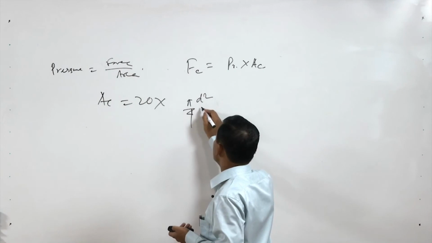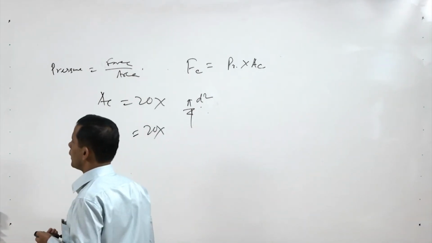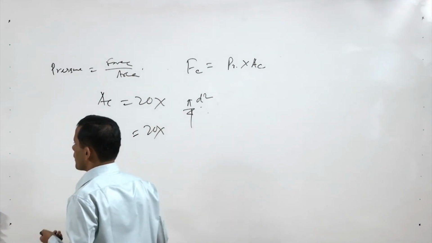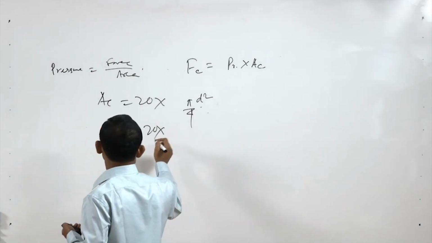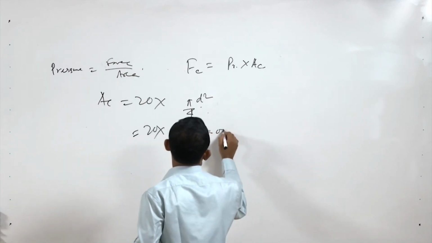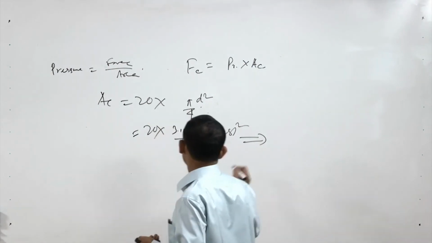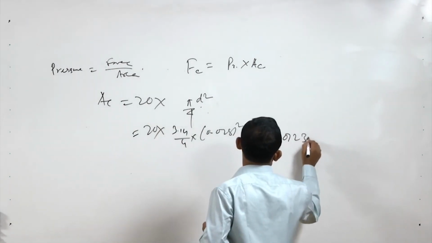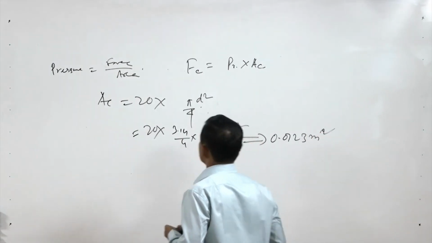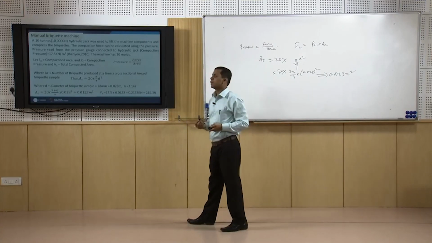This value we have calculated: it is equal to 20 into 3.14 by 4 into 0.028 square. So this value is equal to 0.0123 meter square. This is the Ac, and the pressure we are getting is 17.5 kilonewton per meter square.